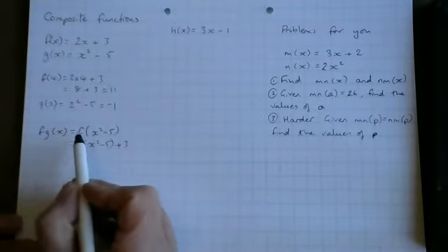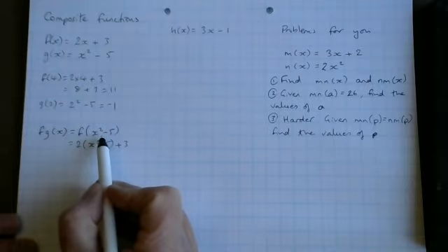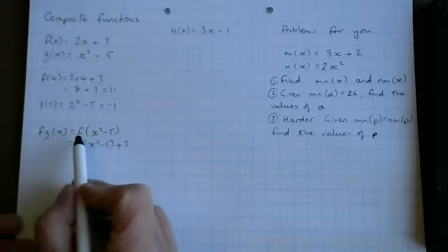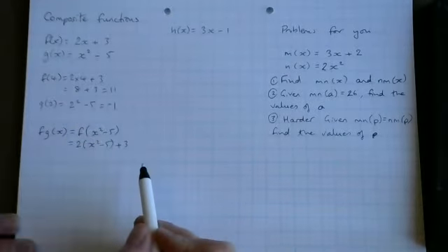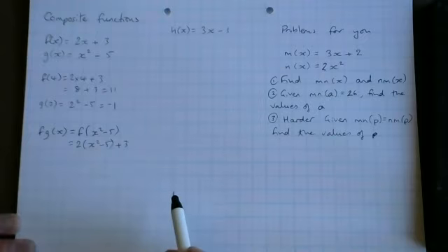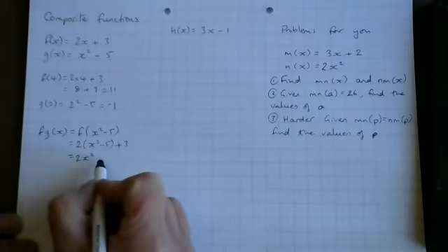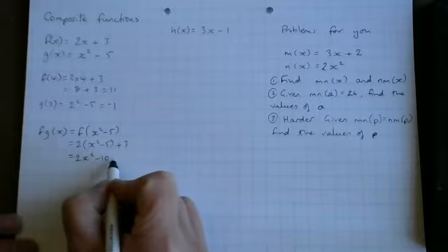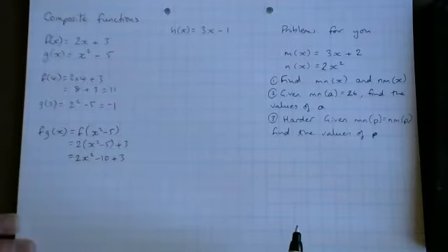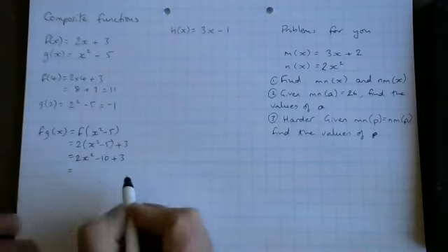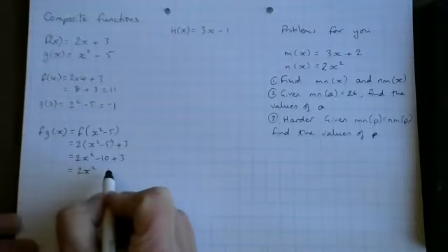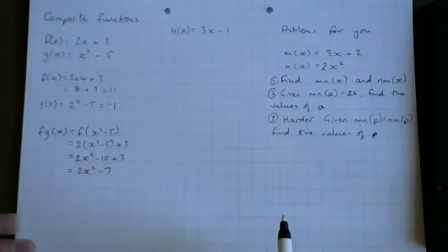So fg of x is do g to x, my apologies, then do f to g of x. 2 times x squared minus 5 plus 3. Tidy that up, that's 2x squared minus 10 plus 3, 2x squared minus 7.